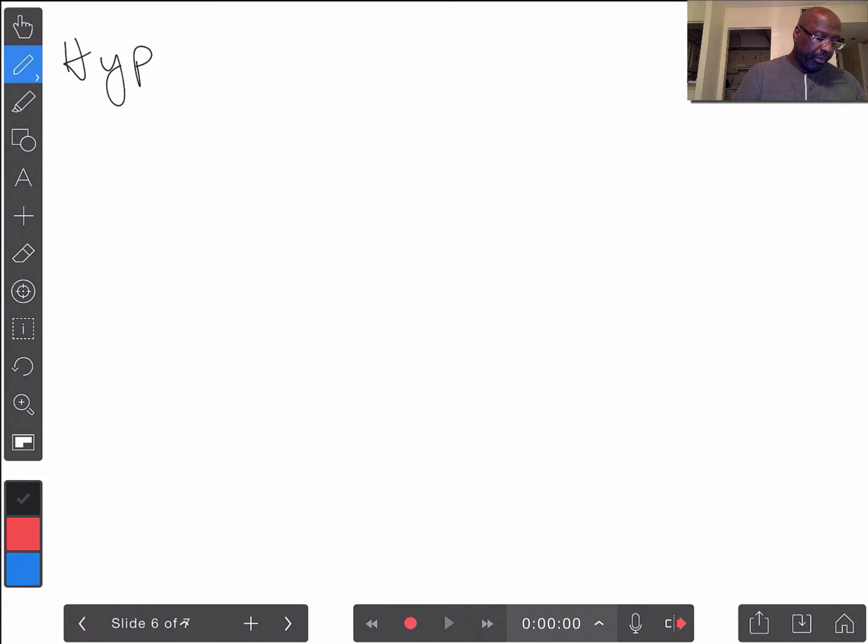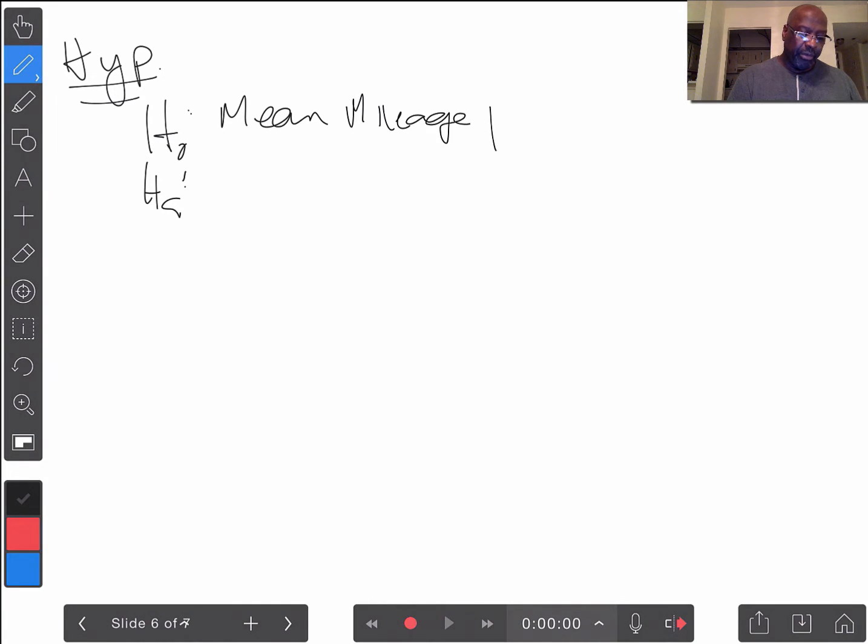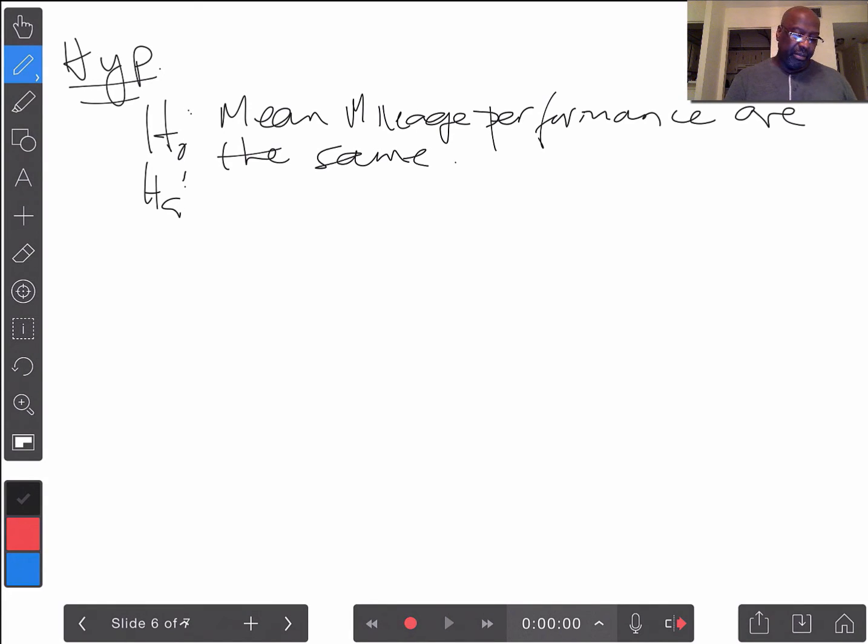Hypothesis, step 1. So the average mileage performance are the same versus they differ. So H0, HA, since that's what we're interested in, we could say the mean mileage performance are the same for the different types of gasoline, right?